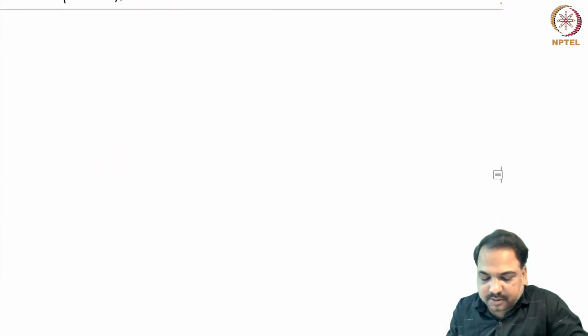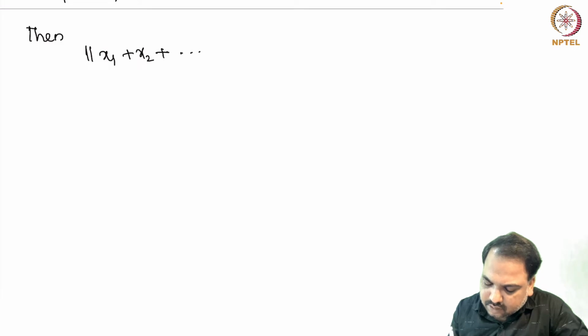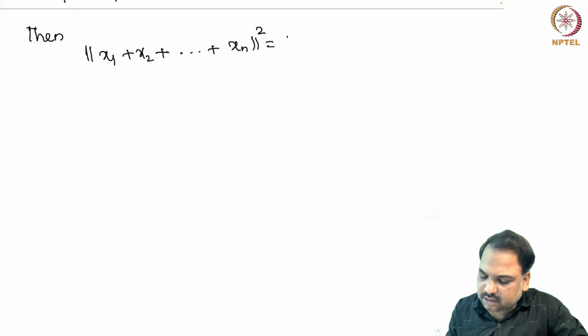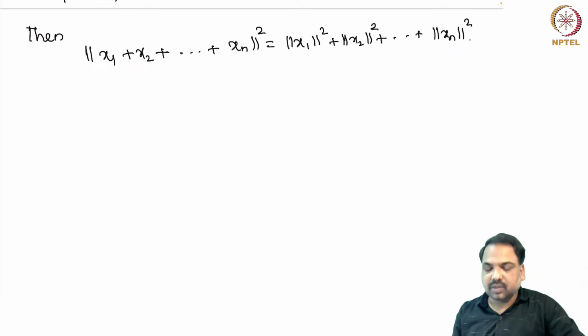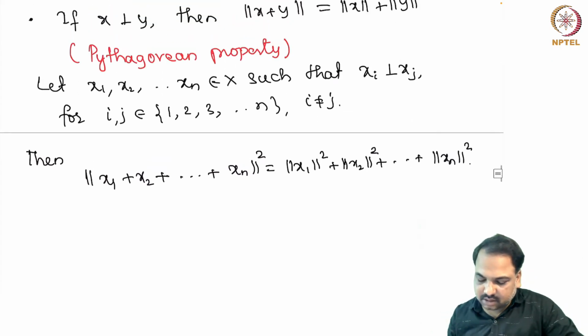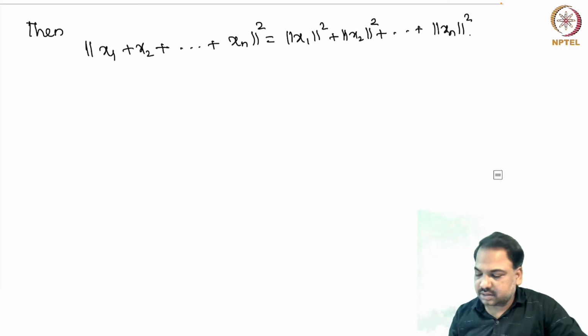Then we can say that norm of x1 plus x2 plus so on plus xn squared is nothing but norm x1 squared plus norm x2 squared, and so on, norm xn squared. So this is the Pythagorean property for n vectors which are mutually orthogonal to each other.